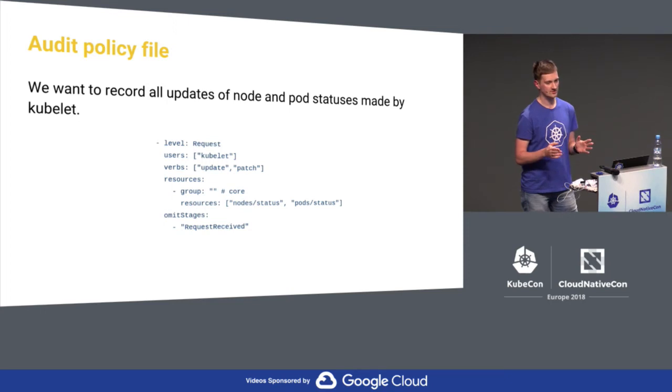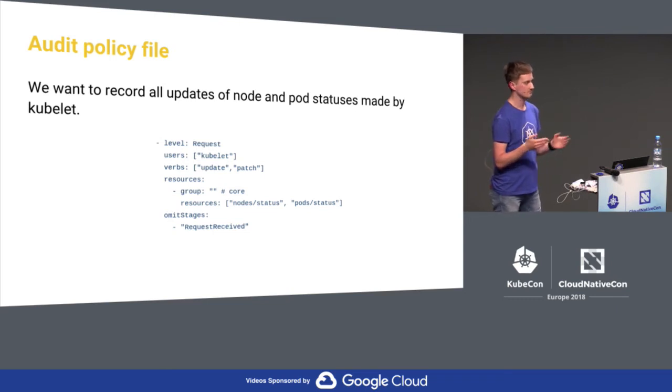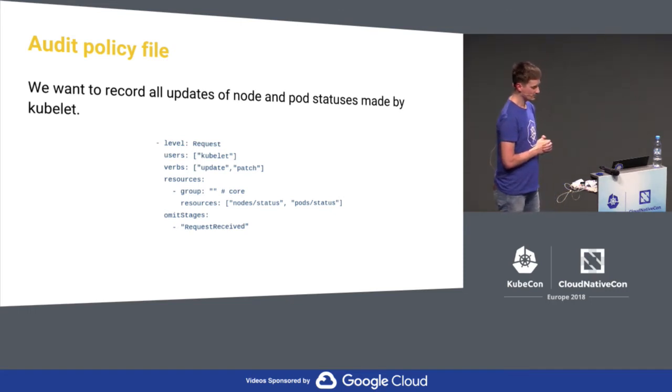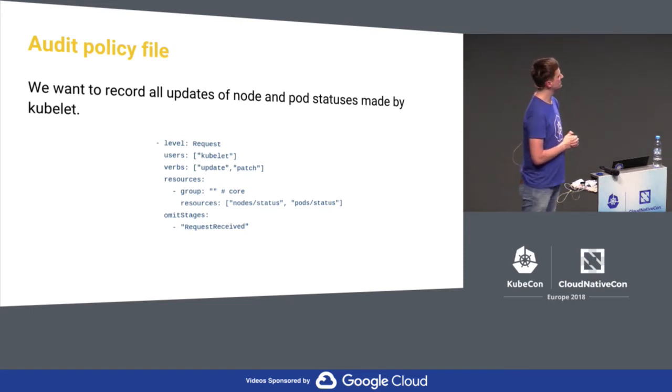If you are not interested in generating a separate audit log on each of those stages, you should specify here which ones to skip. You may ask why in this case we are skipping request received. It means that the audit log is going to be generated on response complete, considering that we don't want any response body.